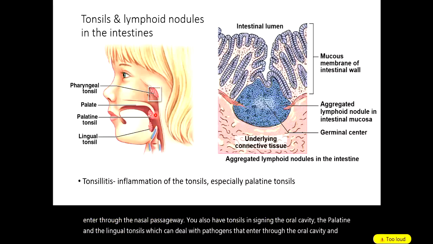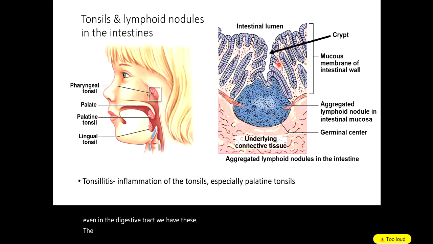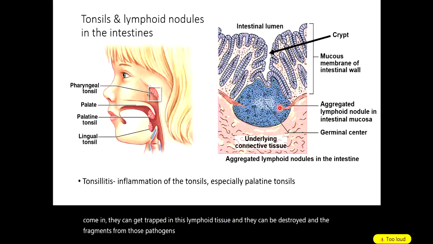And even in the digestive tract, in the intestines, you have these crypts, which are like deep pits, and if pathogens come in, they can get trapped in this lymphoid tissue and be destroyed, and the fragments from those pathogens can be used to train the immune system to deal with future pathogens which match those fragments.